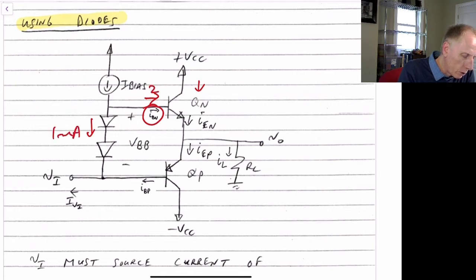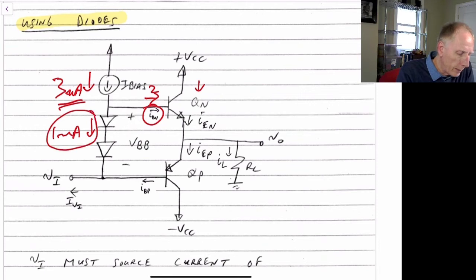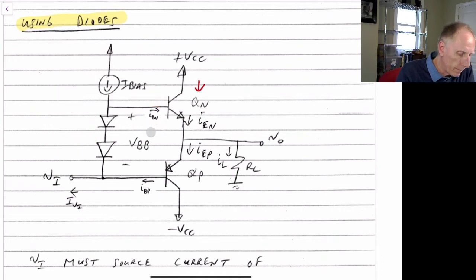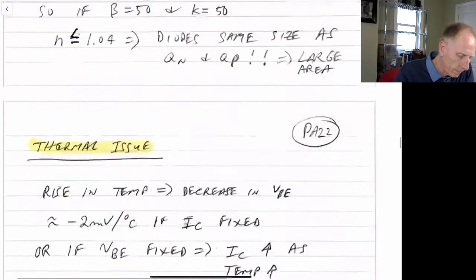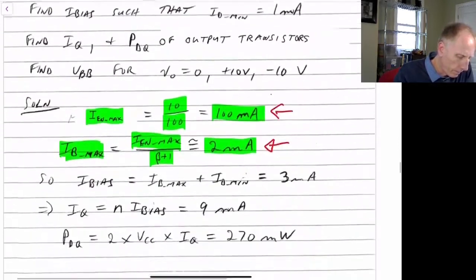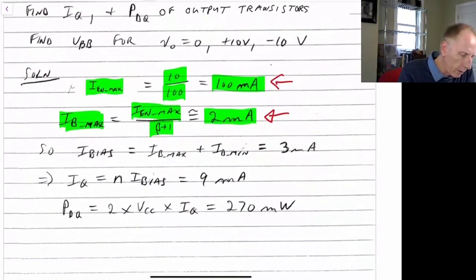So that means this is 2, this must be then 3 milliamps. So we have to have 3 milliamps for the I bias to ensure that we always have at least 1 milliamp flowing through these diodes, and that they are never starved completely of current. So we have that our I bias must be 3 milliamps.